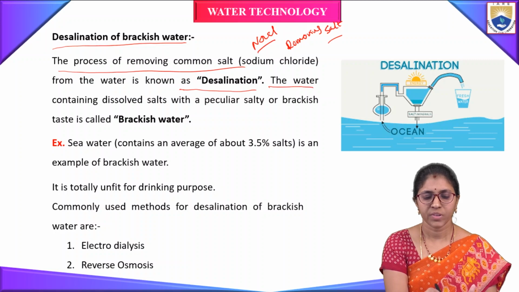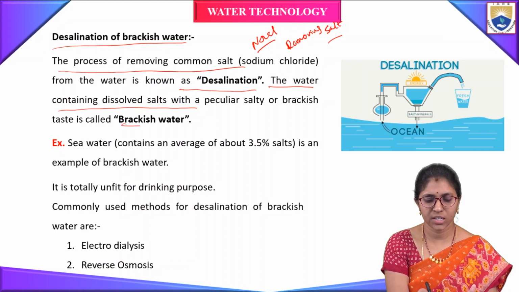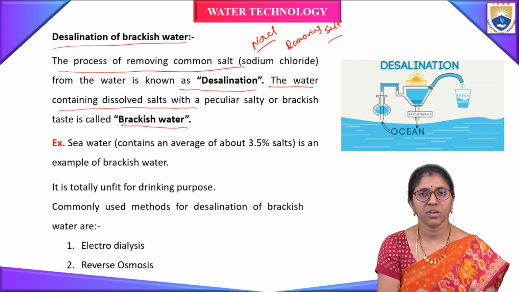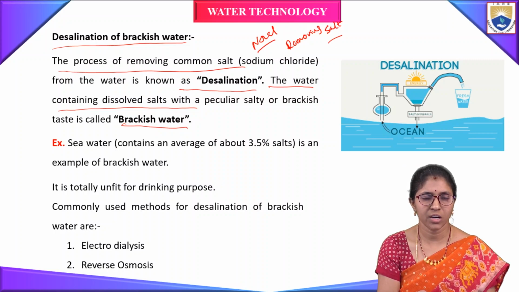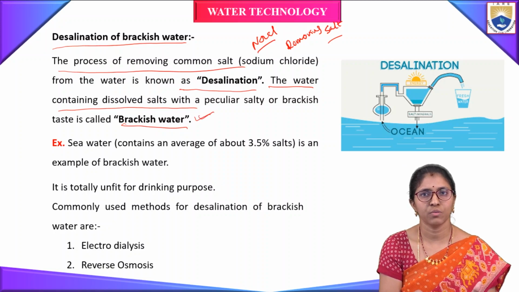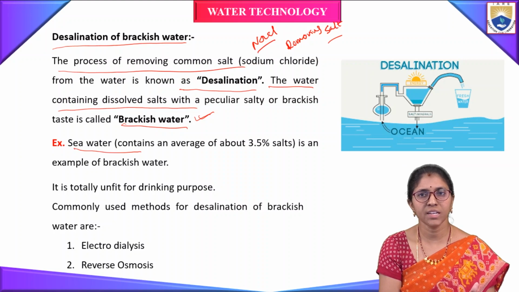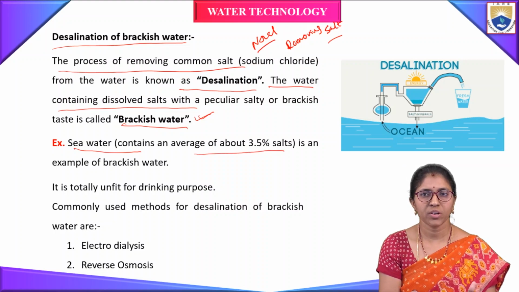The water containing dissolved salts with a peculiar salty or brackish taste is called brackish water. For example, seawater, which contains an average of about 3.5% salts, is an example of brackish water.